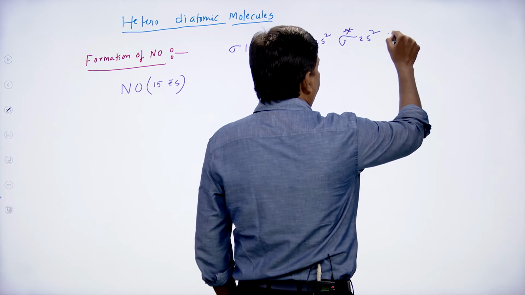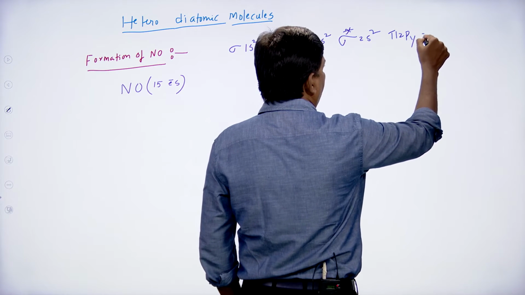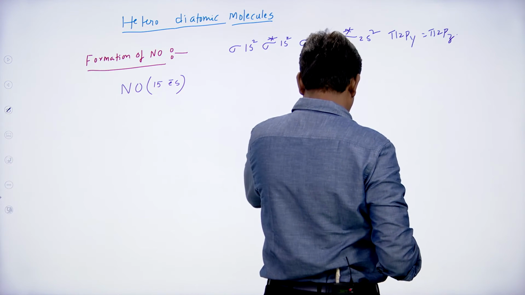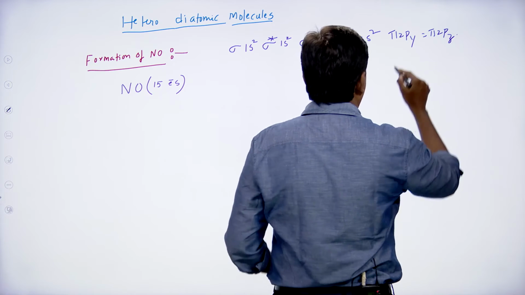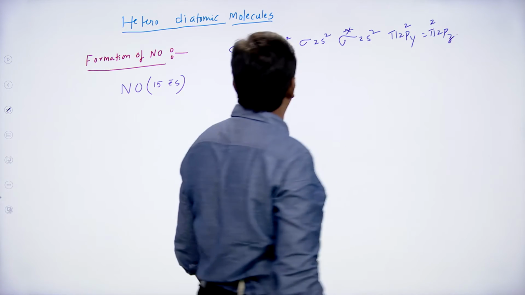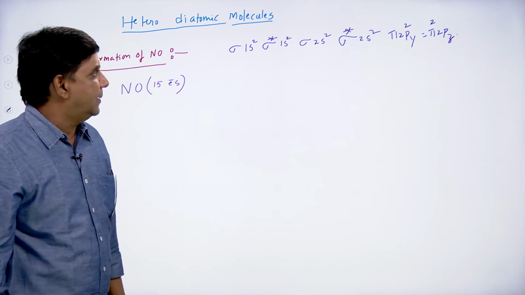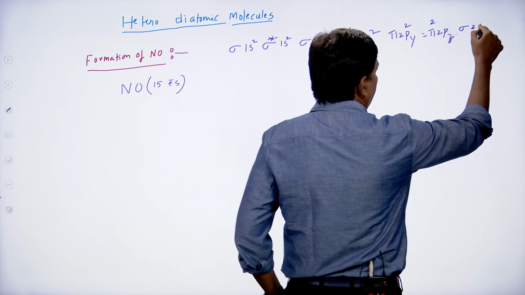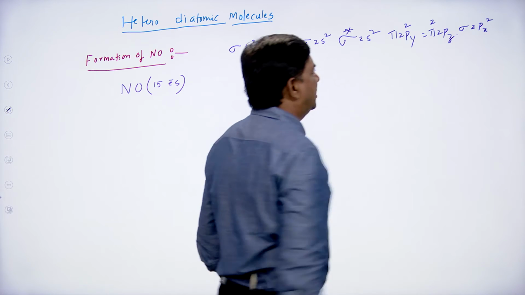Pi 2py is equal to pi 2pz. So here also 2 electrons, 2 electrons. Total how many now? 10, 12. Then sigma 2px2.